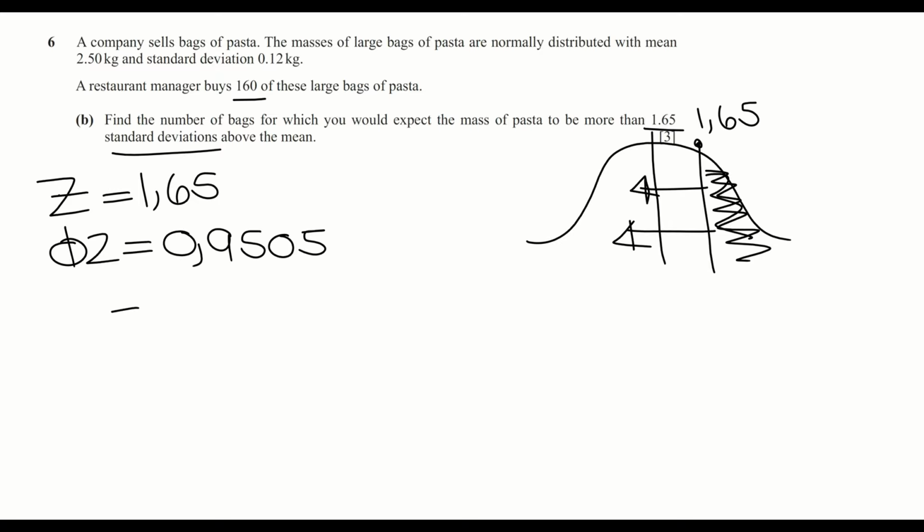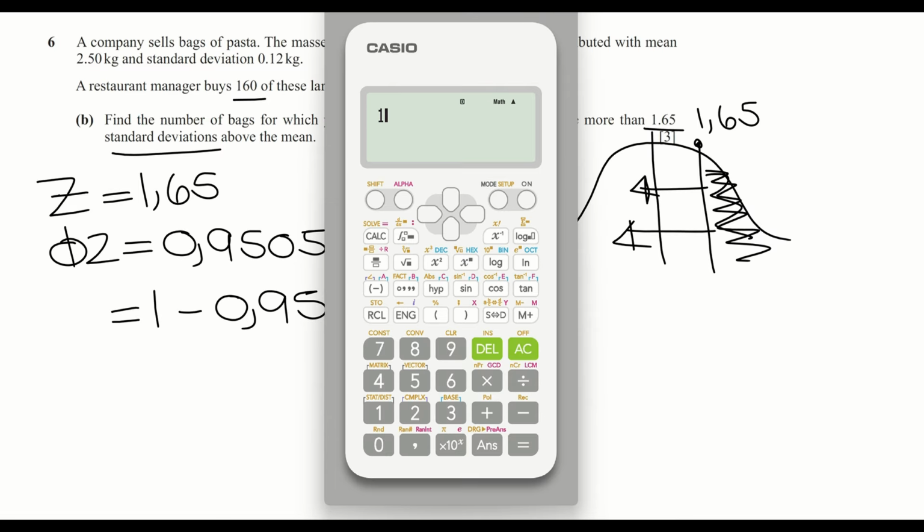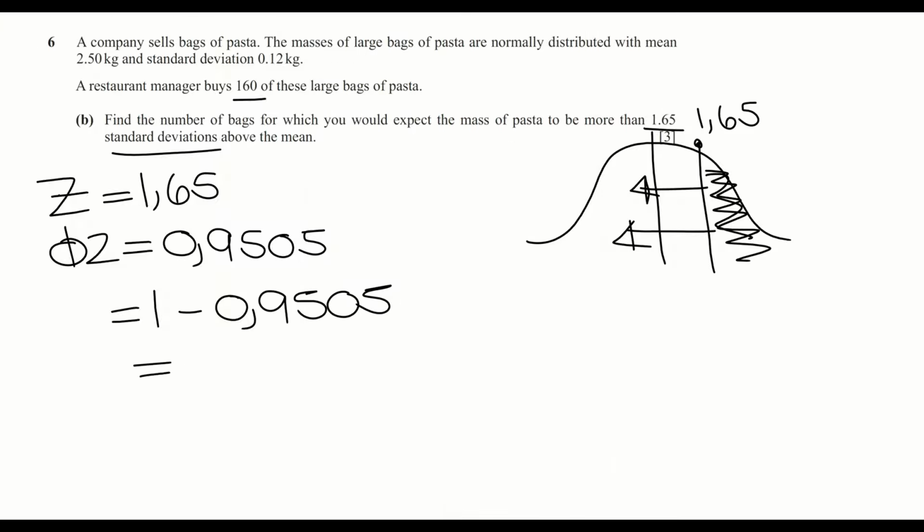So I can say that this is now equal to 1 minus 0,9505. Take my calculator. 1 minus 0,9505 is equal to 0,0495. This is my probability.